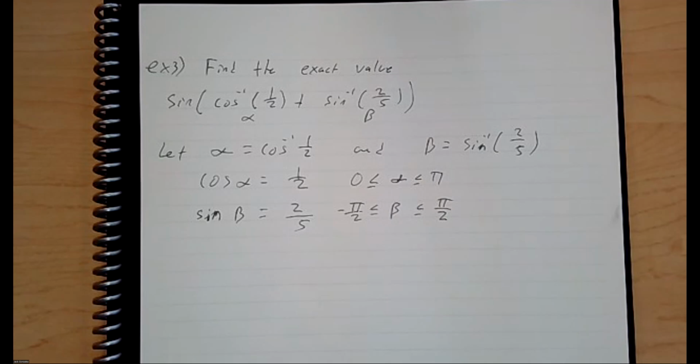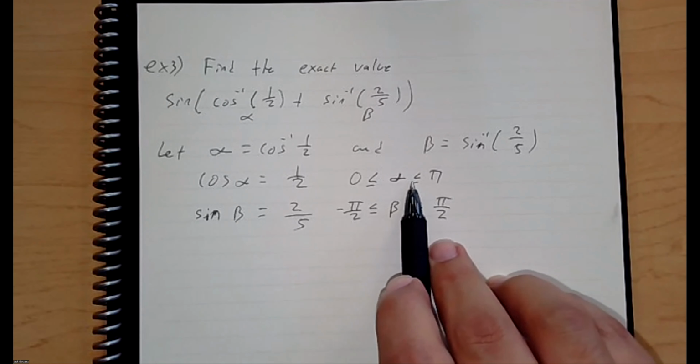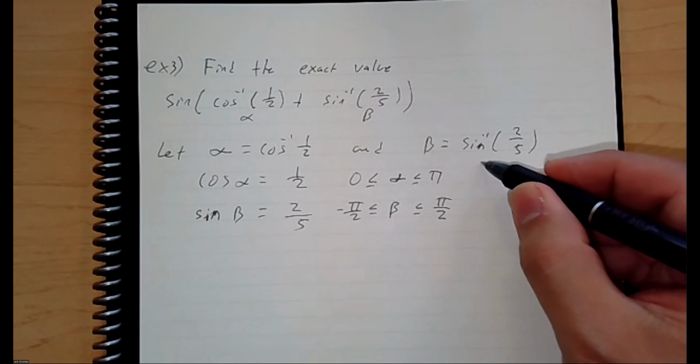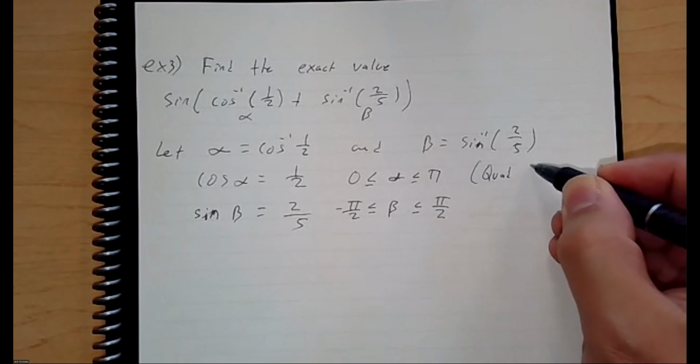Now, the 0 to pi means the top half of the circle, correct? You agree that cosine is negative in quadrant 2, but not quadrant 1. But if cosine alpha is equal to 1/2, it must be quadrant 1. So using this and looking at that, this is quadrant 1.